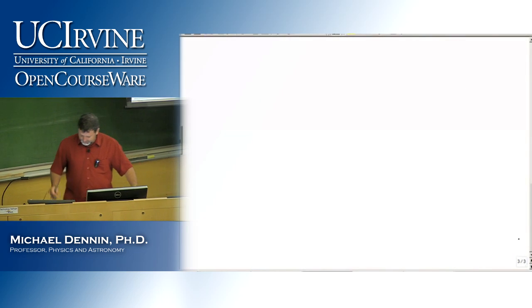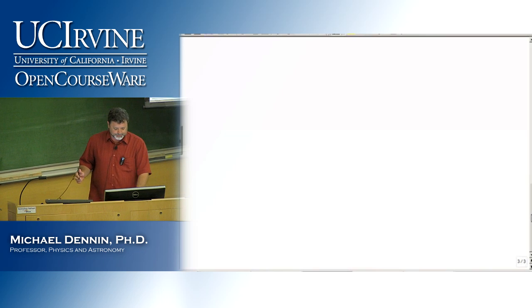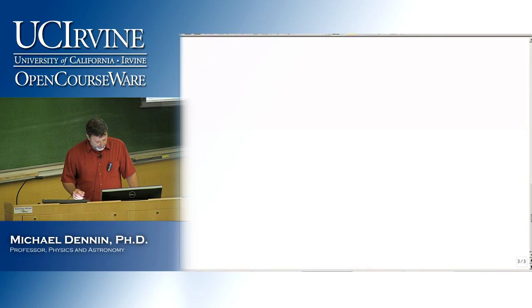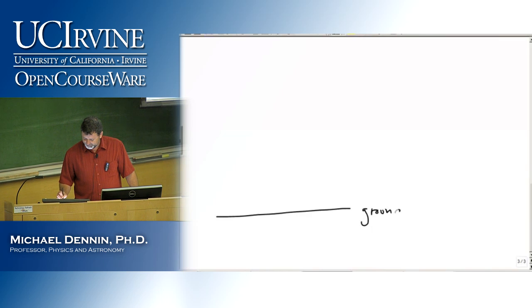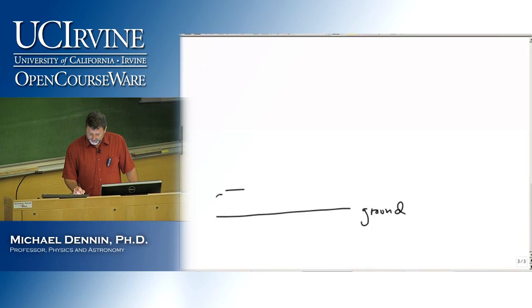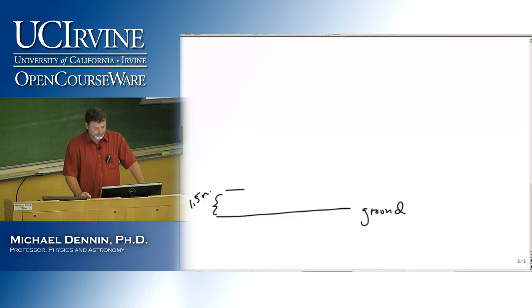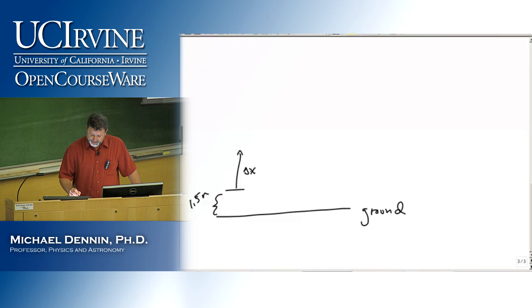Let's go back then to our picture of what's going on. We have the ground. We have the ball that starts out 1.5 meters above the ground. The ball has a displacement delta x while I'm waiting to jump.